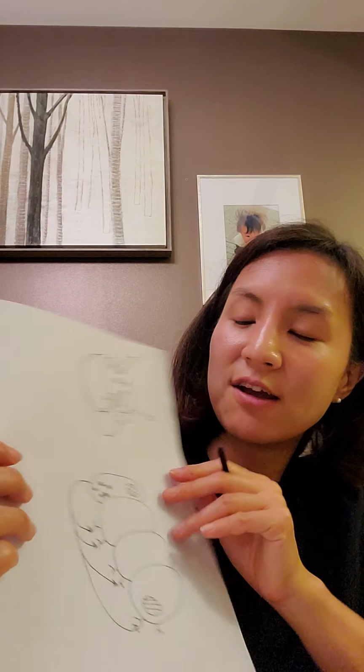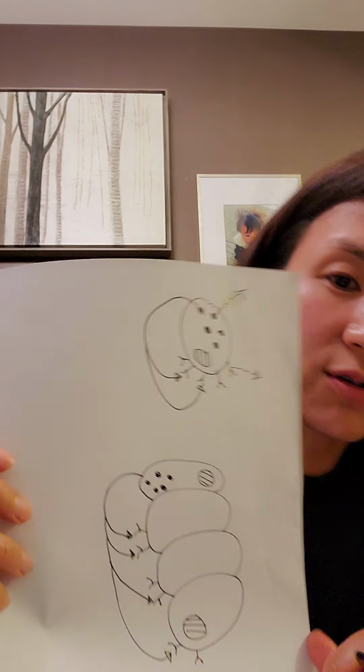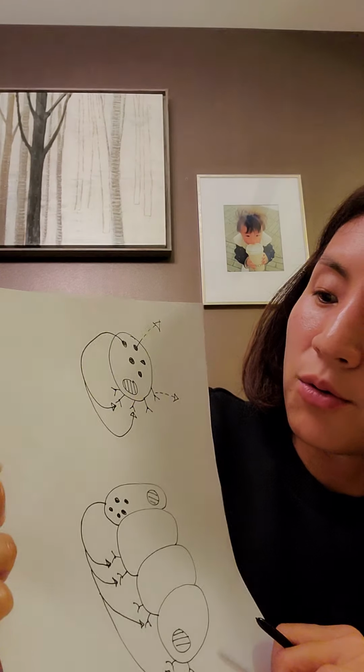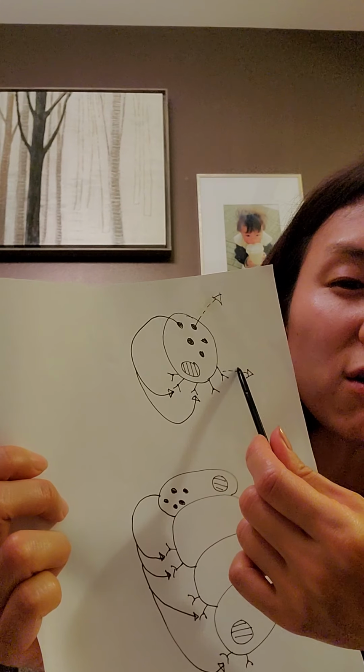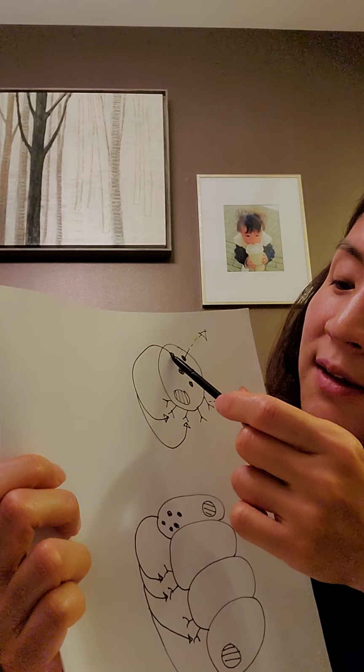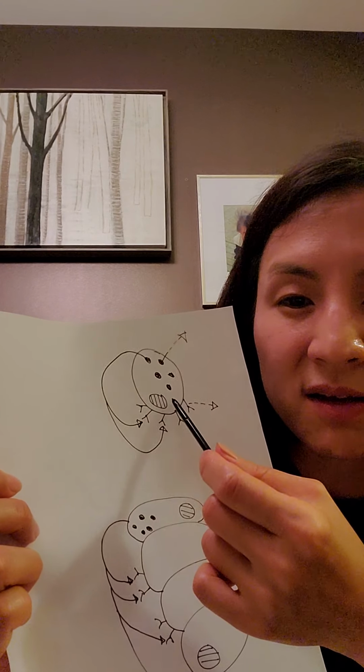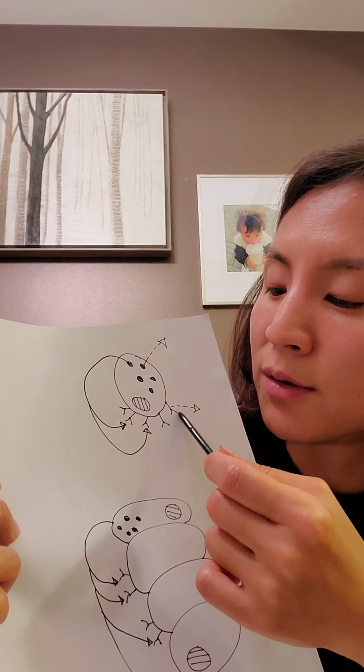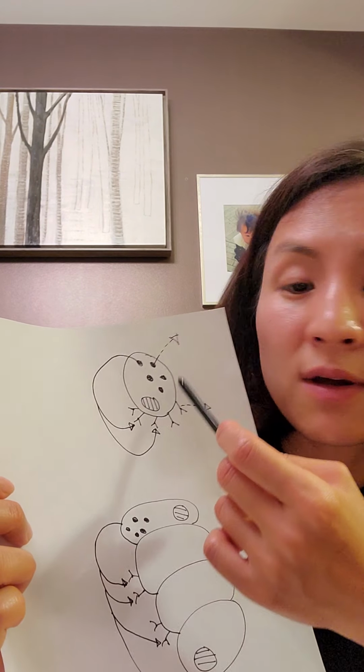Question number 4, compare and contrast autocrine secretions and paracrine secretions. This is the diagram I drew to support. This is the autocrine secretion. Those dots are chemical messengers, and these are receptors.